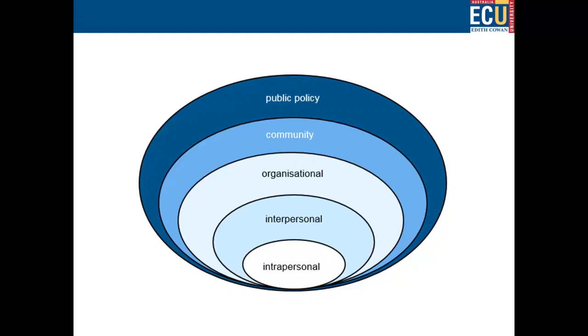The interpersonal level includes things like your social networks, your family, your friends, and how they influence you. At the organisational, or institutional, level, that's organisations such as schools, workplaces, and childcare centres, those sorts of settings that could have an influence on your behaviour.